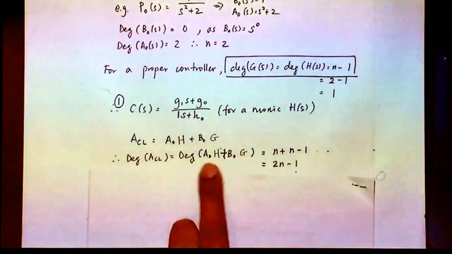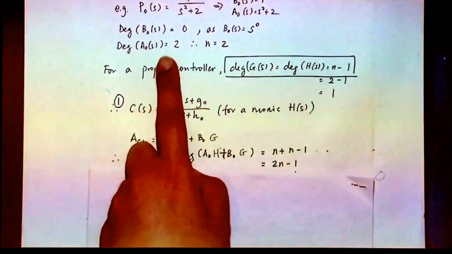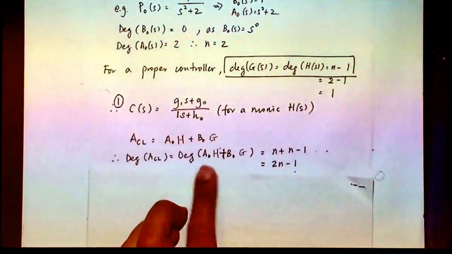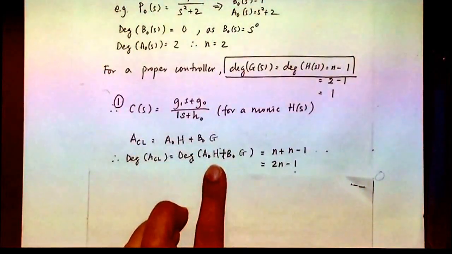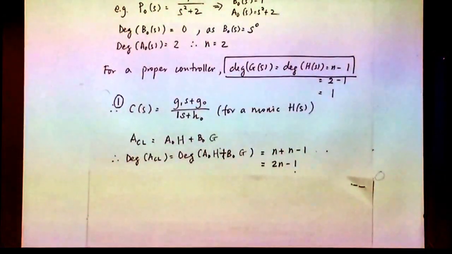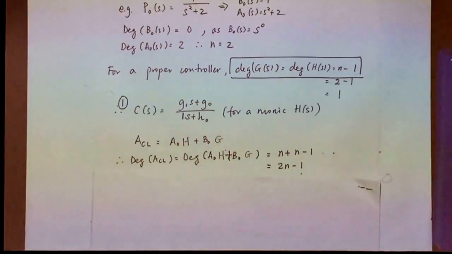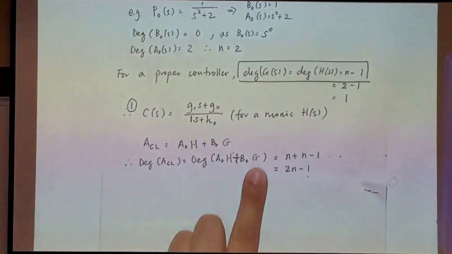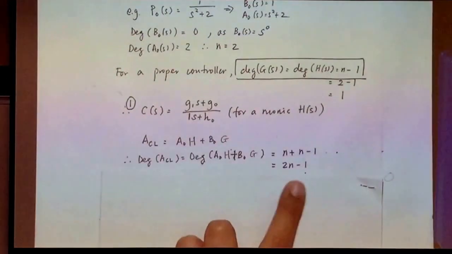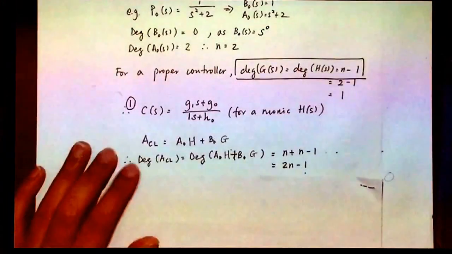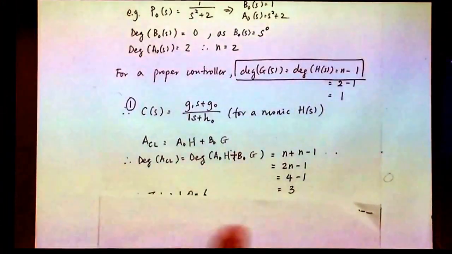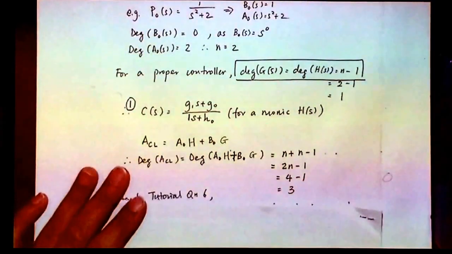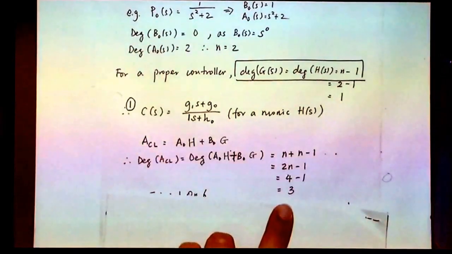So after you take A naught times H, plus B naught times G, you end up with a degree of 2N minus 1. N is 2, so 4 minus 1 is 3. So you know that ACL has a degree of 3.